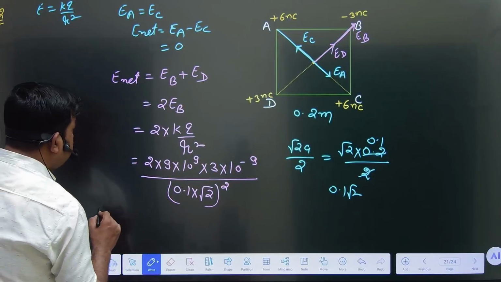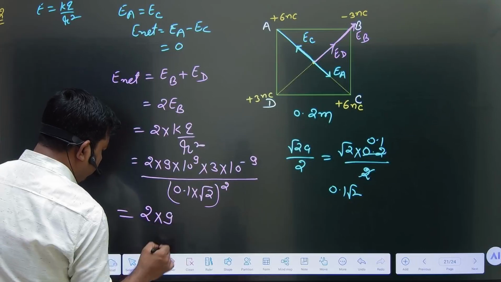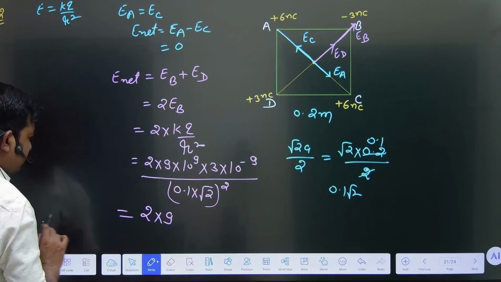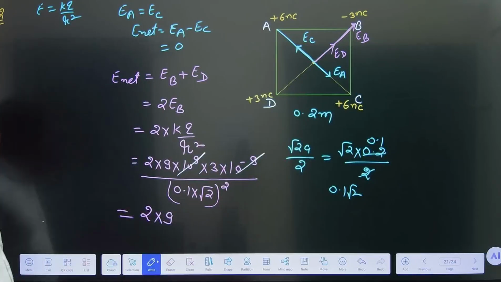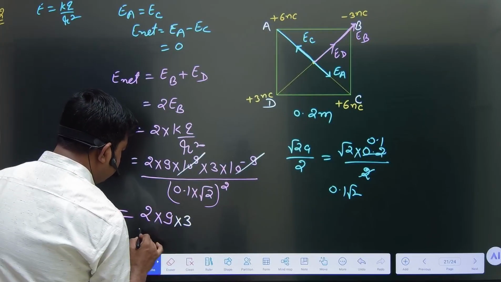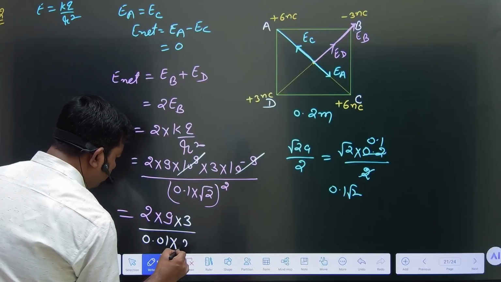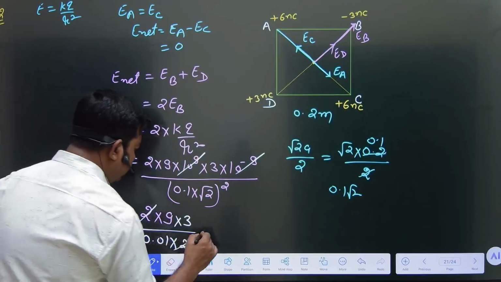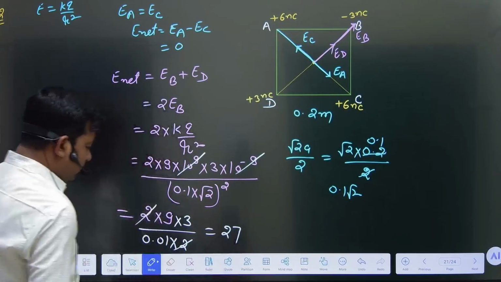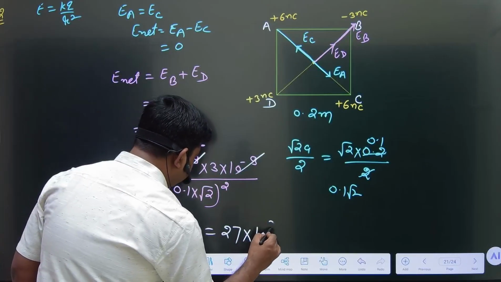On simplifying the terms, we get here 2 into 9, and both these terms are cancelled. Plus 9, minus 9, minus 9 and plus 9 are cancelled. 2 into 9 into 3, and this is 0.1. So we can get 0.01 into 2, and this 2 and 2 are cancelled. 9 3s are 27, and when we remove this decimal, we get here 10 to the power 2.